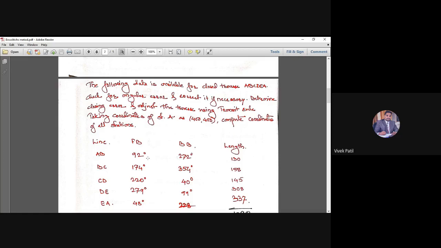Once you complete, let me know. I value is constant throughout the problem, so I will mark it here as R. At point A, there is a fixed end, so the stiffness of A will be I by L, that is I divided by 4, which is equal to 0.25 I. Is it clear?